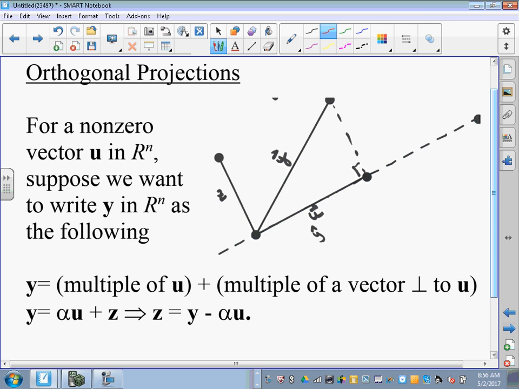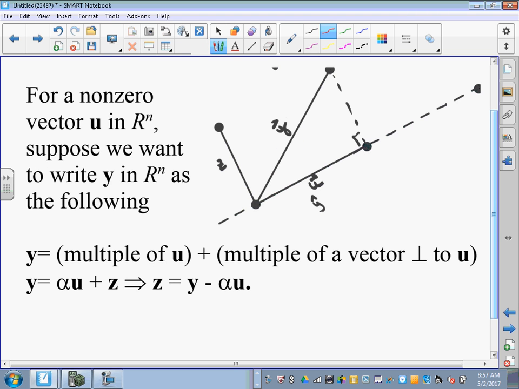So now we have orthogonal projections. I think this is where we left off last class. I was going to start off with the warm up with that one, but we have this new thing that we're going to come back to a lot, and this is the new concept called y hat.